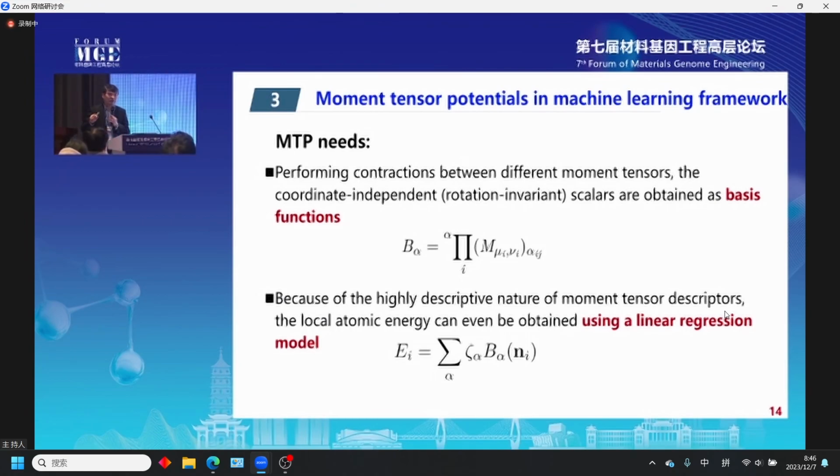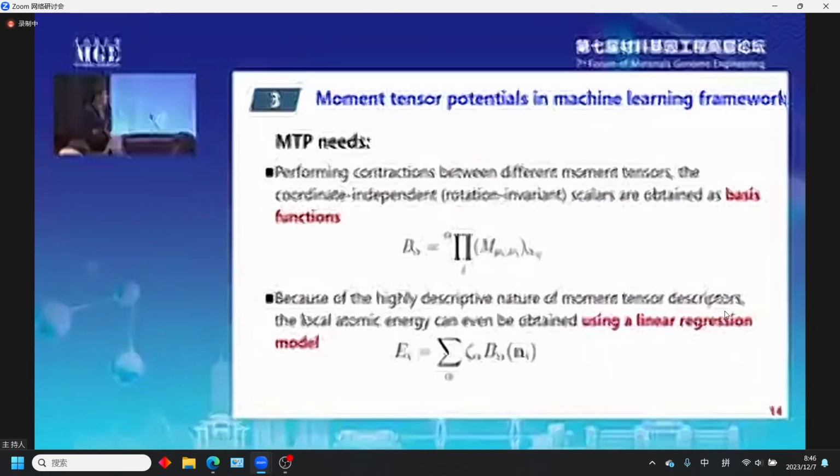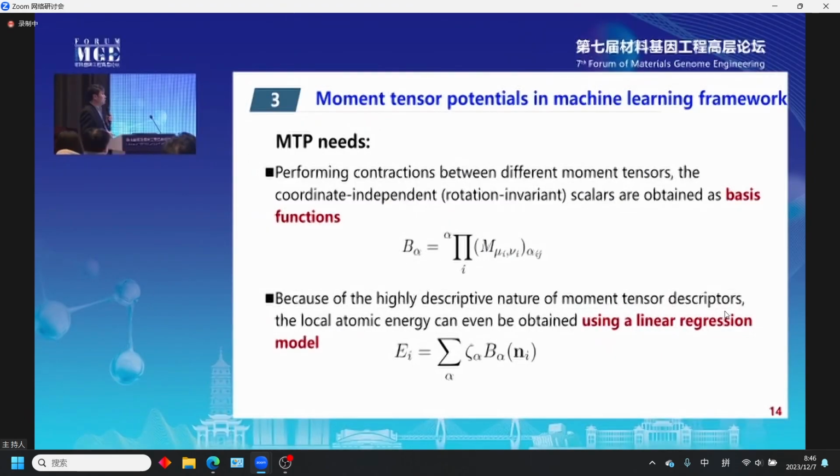Another thing is that because you perform this contraction, it gives you the chance to fit the structure and energy using a linear regression model. This is because the moment tensor descriptor shows a highly descriptive nature, and it also accelerates your simulation, which is highly efficient.